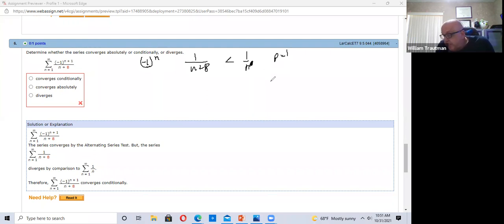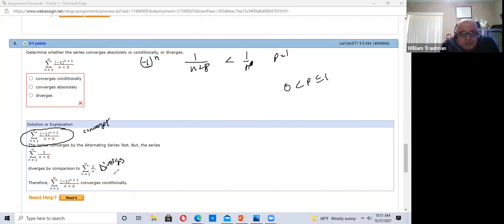And if you remember from p-series, if p is between 0 and 1, the whole series diverges. So the alternating part converges, but this part diverges using the p-series test. If the alternating series part converges, but the p-series part of this test diverges, then we say it conditionally converges.